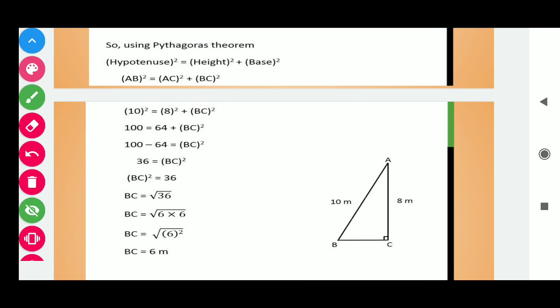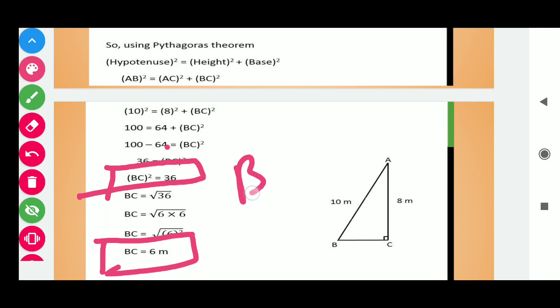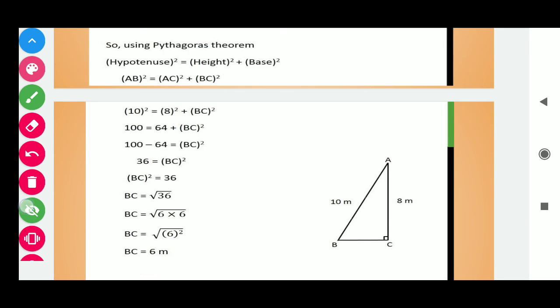So square of 10 is 100, square of 8 is 64. In this way we get BC square is equal to 36. We get BC is equal to plus minus 6 meter. But students, base can never be negative, so we neglect the negative value. We get BC is equal to 6 meter.